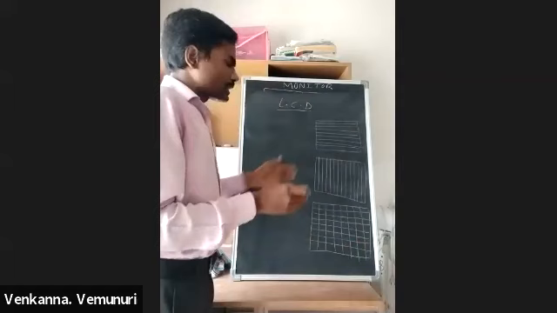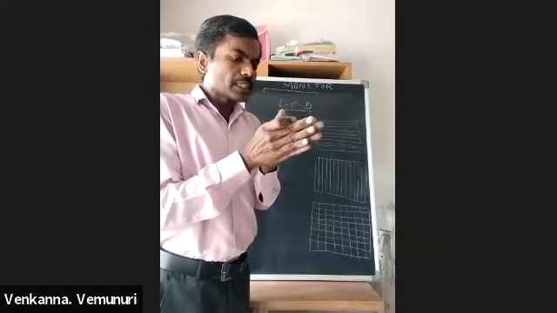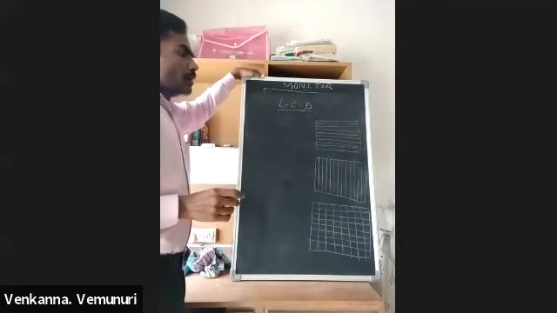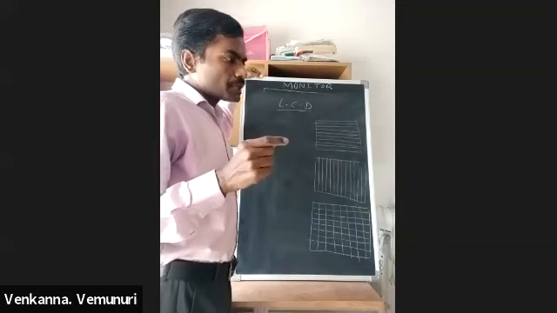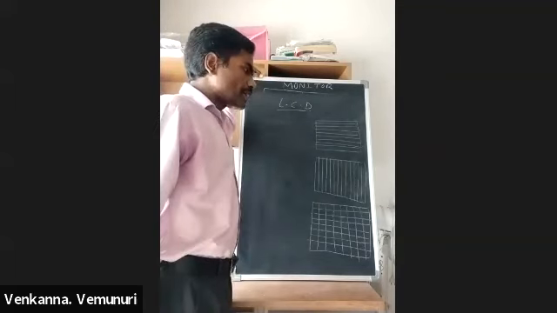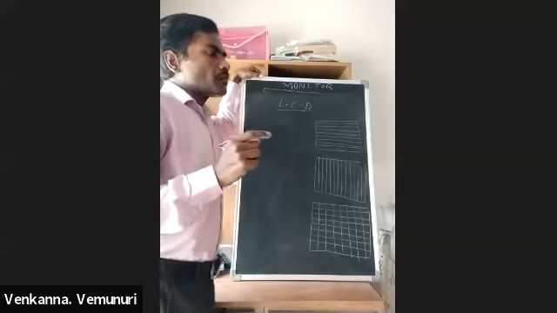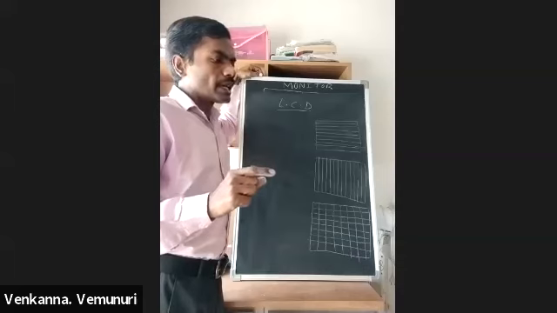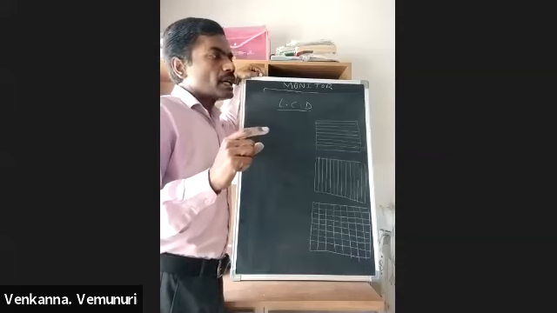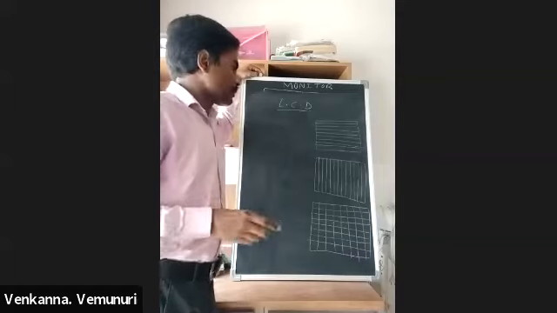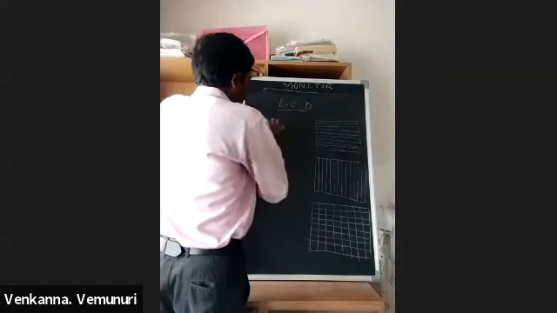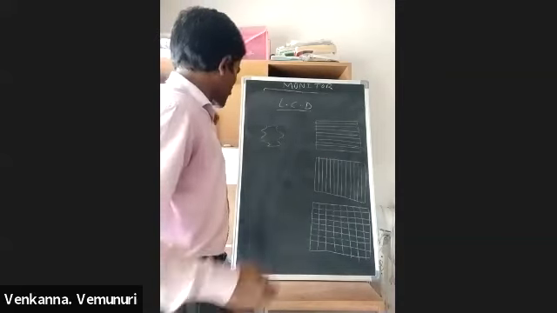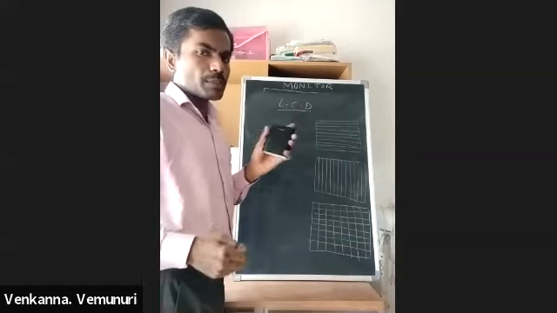What is the specialty of the liquid crystal? At normal room temperature, the liquid crystal material looks like a black block material, like coal. It looks like this type of block material at normal room temperature.